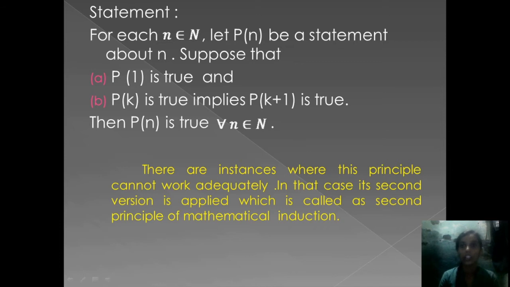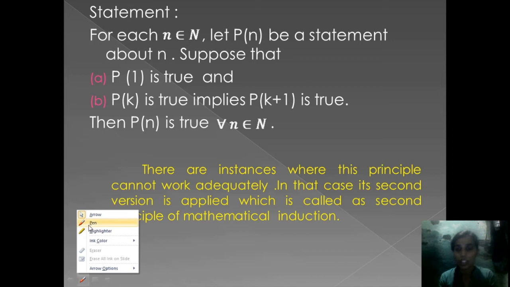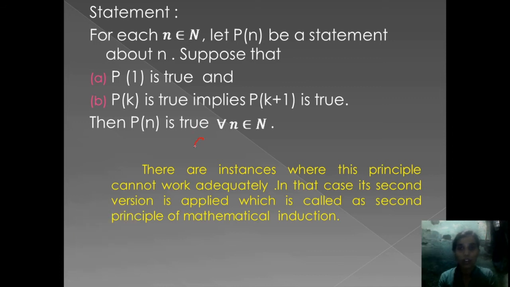Okay, the example for this is that you study in the BSc first year about De Moivre's theorem, which is (cos theta + i sin theta) to the power n, right?